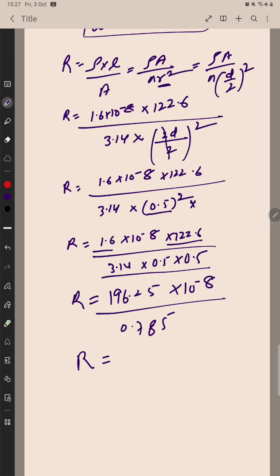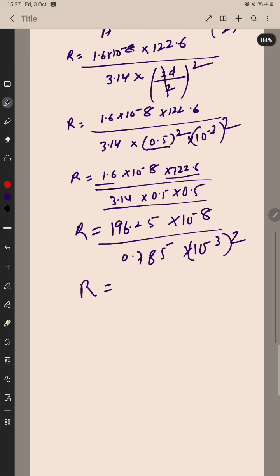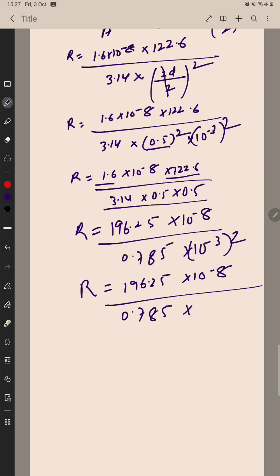So what we have to do is, students, 10 power minus 3, that will be squared. So here also 10 power minus 3, that is going to be squared. So what it is coming actually: 196.25 multiplied by 10 power minus 8 divided by 0.785 multiplied by 10 power minus 6. This is going to cancel out. So R is coming how much, students? This is coming 2.5. R is equal to 2.5 ohm.